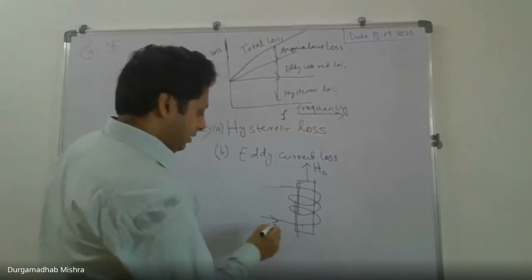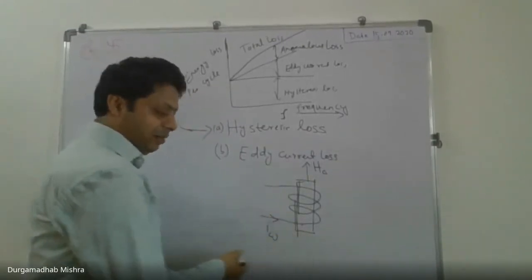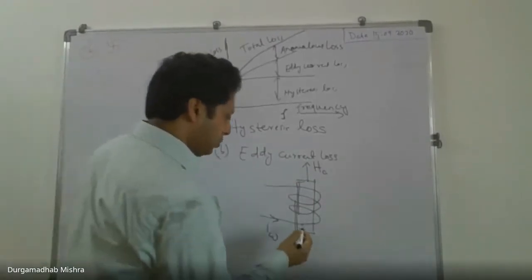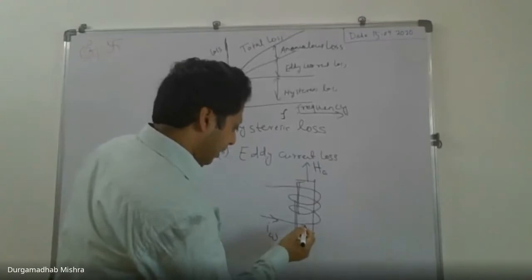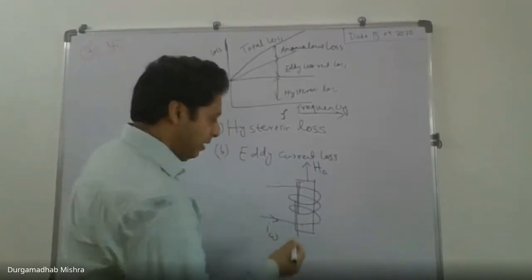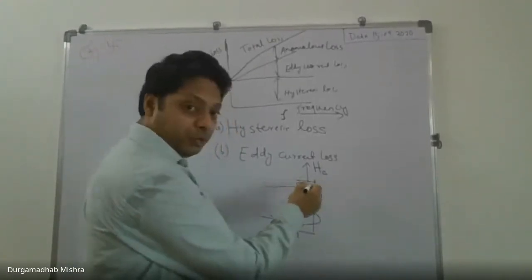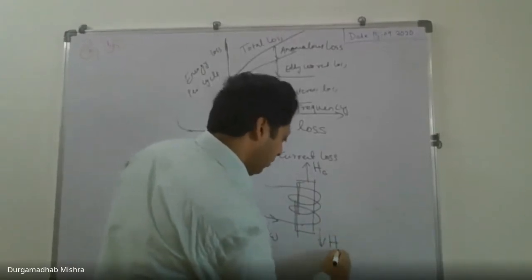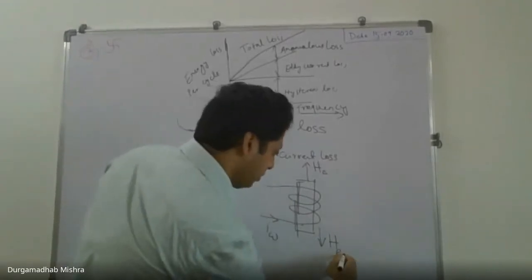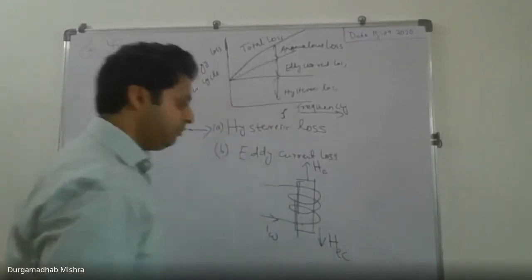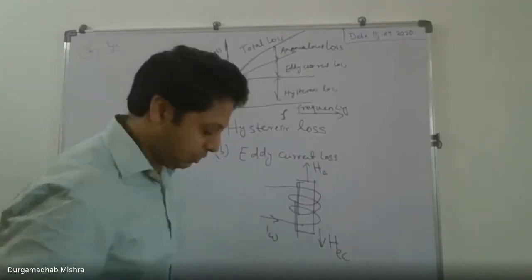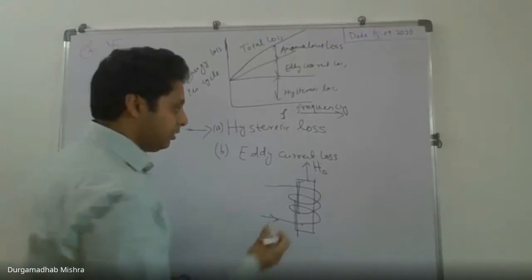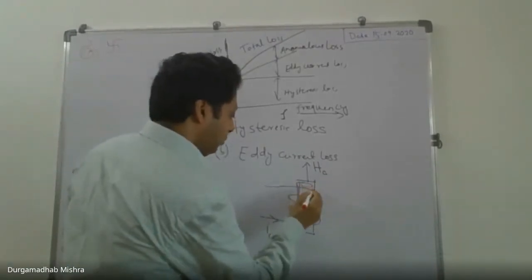So when you have an increasing or changing AC current, it will induce an EMF, which is going to oppose the magnetic field. We call it HEC. So it will induce a current in the opposite direction.